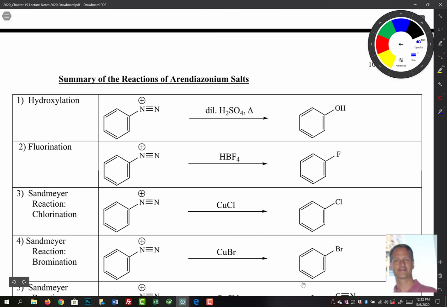So kind of the flow here for multi-step might look like this. So you could take, for example, benzene, just doing a little review with you guys here. If we want to nitrate that, then we would add HNO3 and H2SO4. That put a nitro group on there.